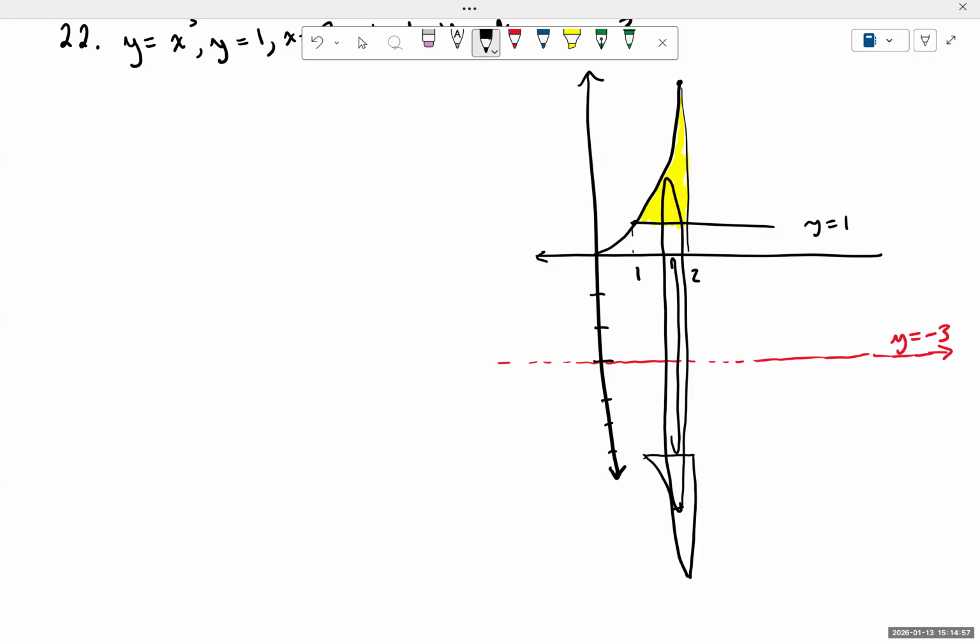There's the outer radius, and here's going to be my inner radius. And again, probably not the best picture, but then I'm also going to have the width of the washer itself. Now, the width of the washer itself is again going to be in the dx.